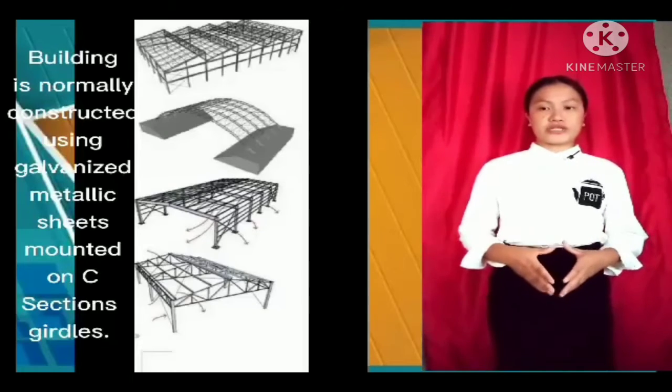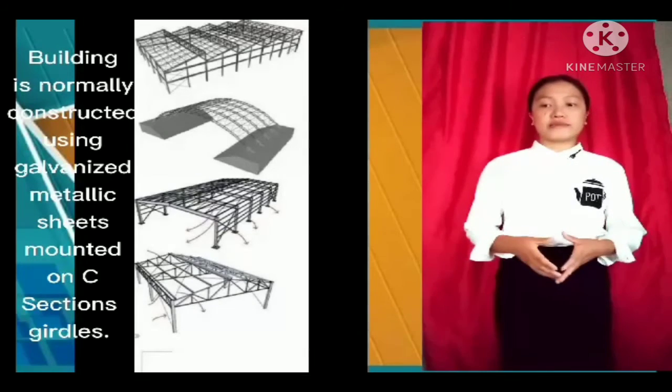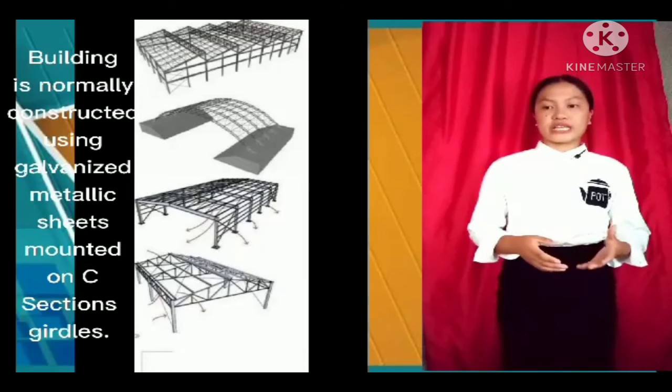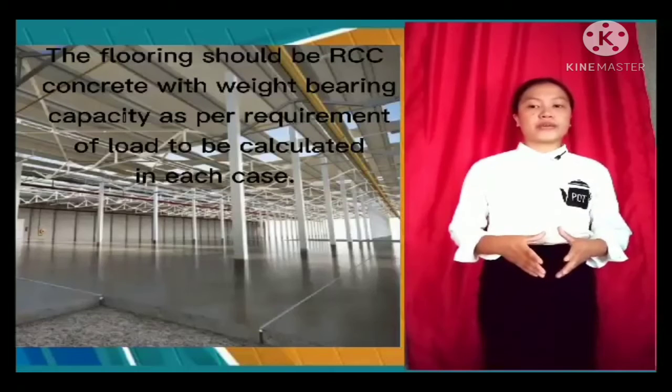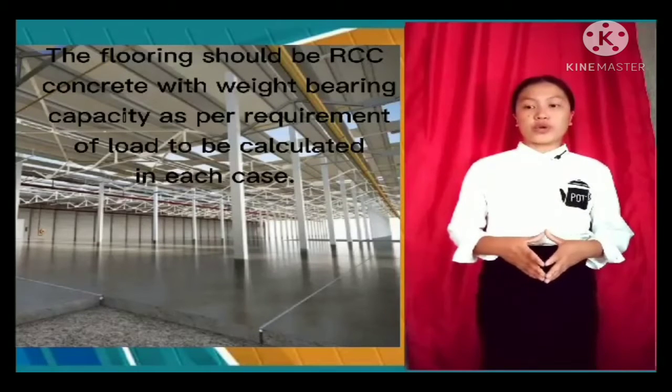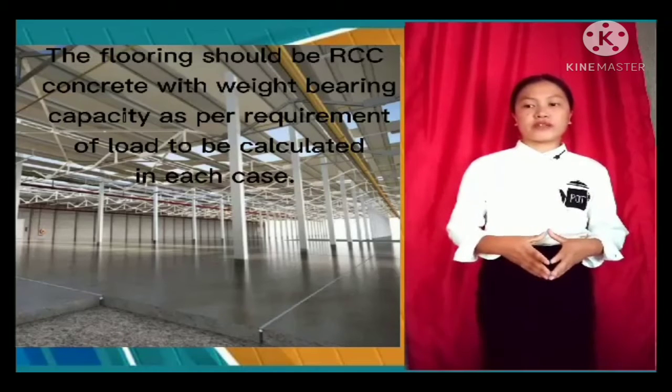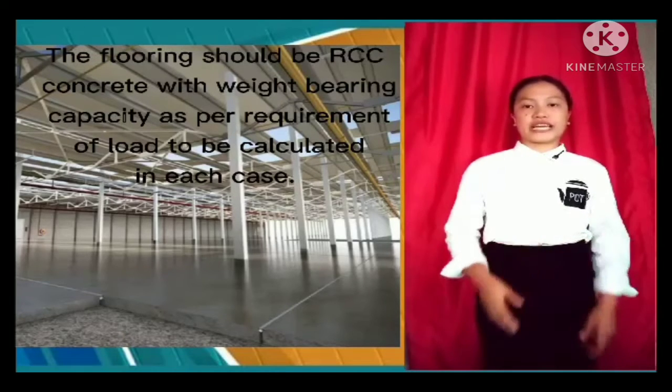The building is normally constructed using galvanized metallic sheets mounted on C-section girders. The flooring should be RCC concrete with a weight-bearing capacity as per the requirement of the load, to be calculated in each case.